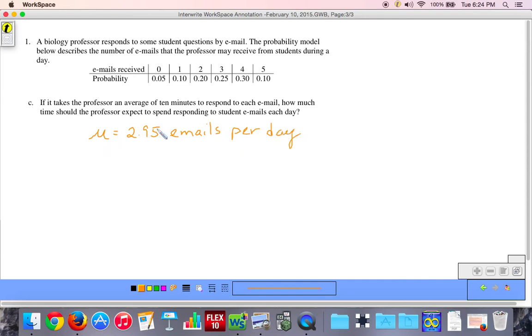And if on average he spends 10 minutes, we would expect 10 times 2.95, or 29.5 minutes a day spent reading student emails.